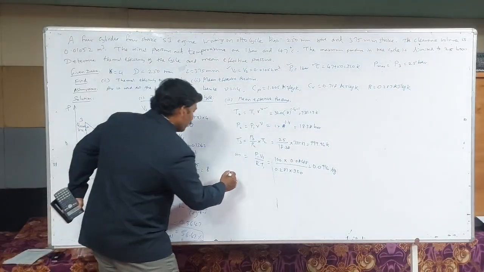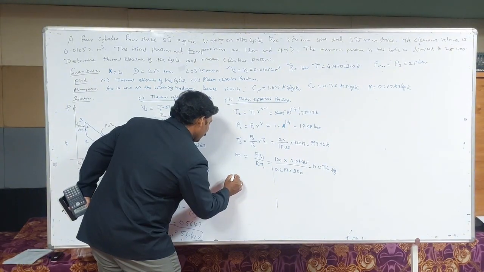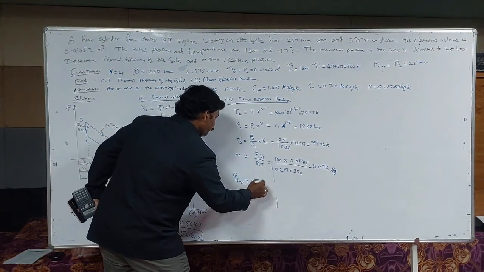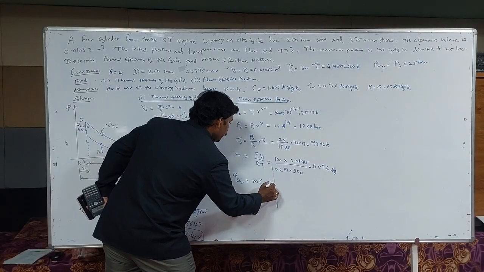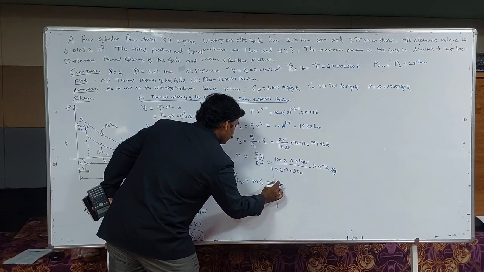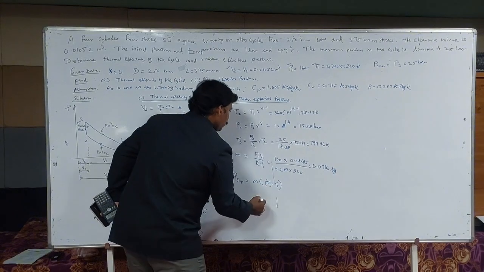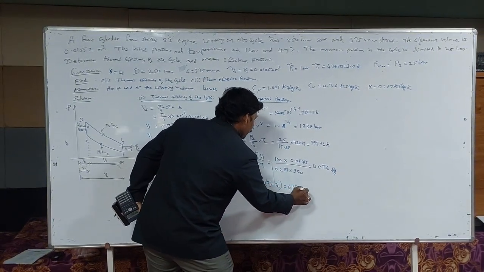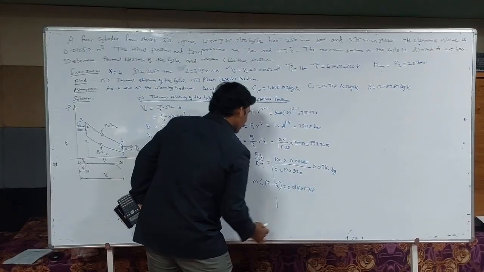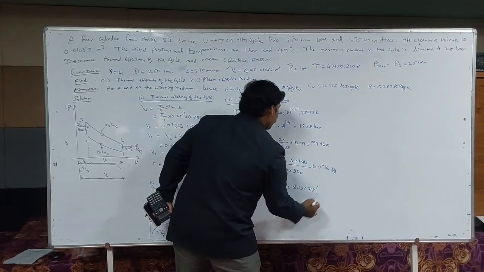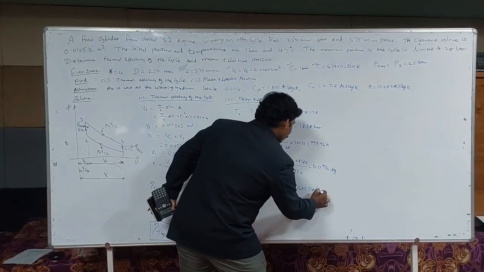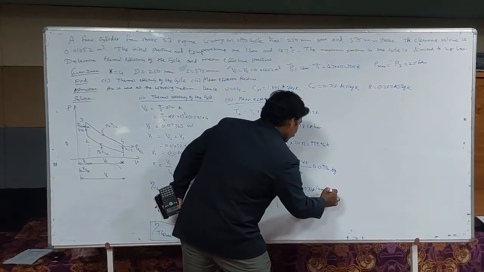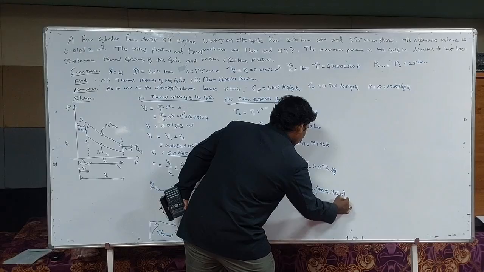Now what is the heat supplied? Heat supplied Q is equal to m into Cv into T3 minus T2. The mass we have found as 0.0916, Cv is 0.718 kilojoule per kilogram Kelvin, T3 we found as 999.96, and T2 is 735.17.